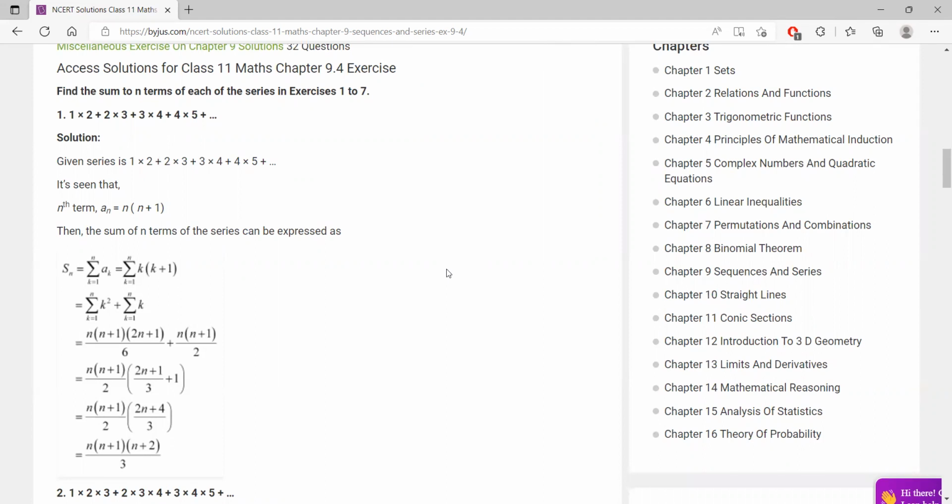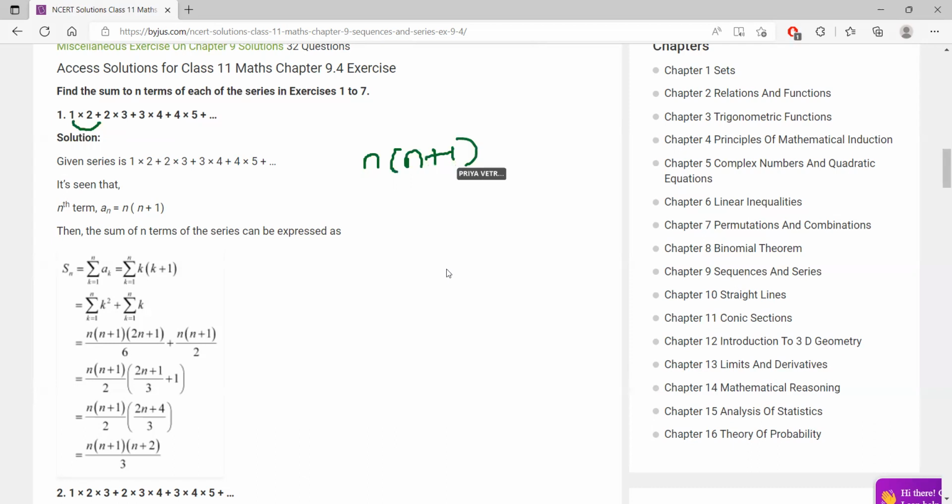If you look at the pattern of the series, the first element is 1, the second element is 2. The next element is 3. So let's analyze the relationship between 1 and 2. If you assume 1 as n, the 2 is nothing but n plus 1.